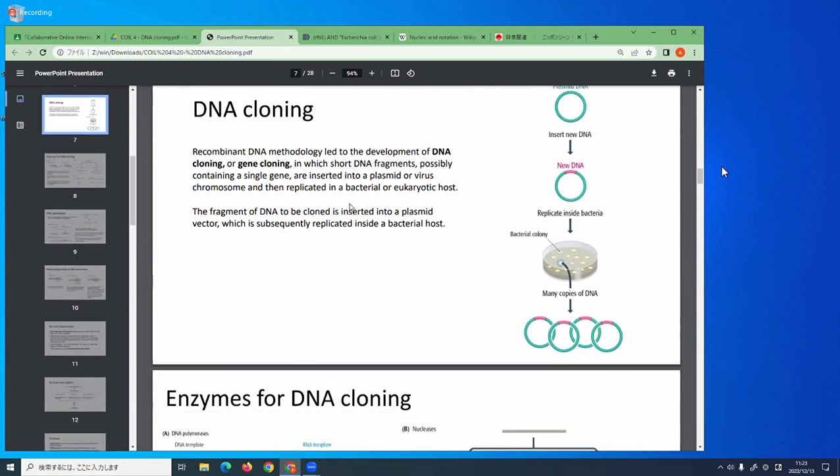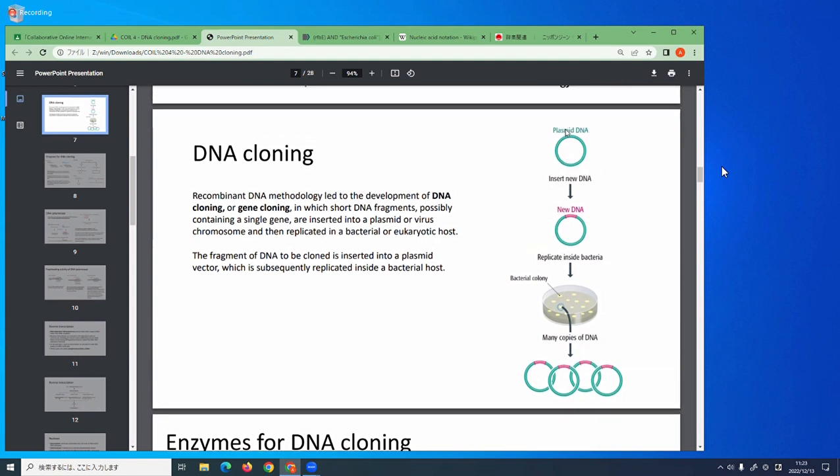So DNA cloning is another word for recombinant DNA technology. The word clone always means to make copies, right? To make copies. But in molecular biology, here we use DNA cloning to produce something else, not just copies, but we still copy part of the original genetic material, which is the insert, right?